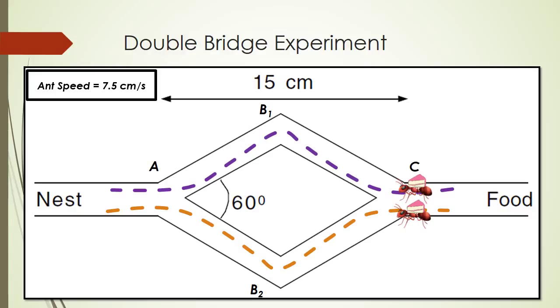And when they get to this fork in the road, because there are equal amounts of trail pheromone laid on the top part of the trail and on the bottom part of the trail, they have a 50-50 chance of selecting which path to go back. And so we'll assume that they split again and arrive back at the nest.